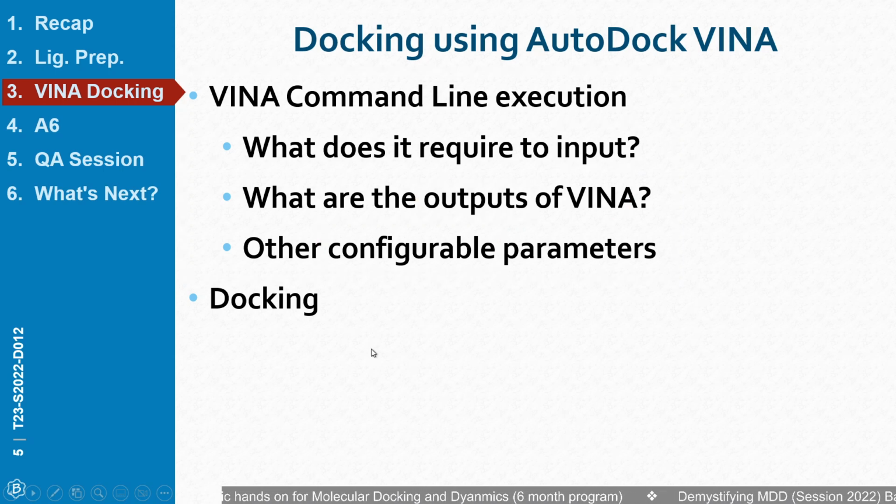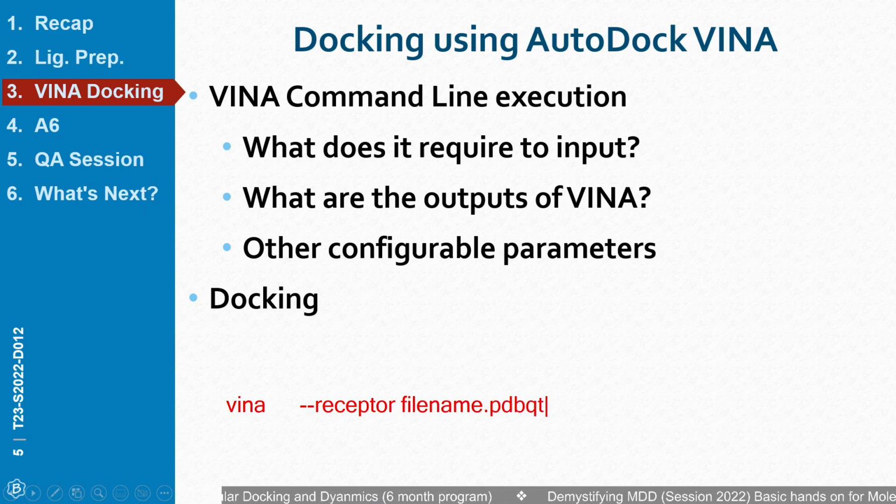During docking, the Vina executable will take the input receptor using the receptor keyword, and we will input our receptor.pdbqt, or file name.pdbqt, and the ligand as ligand followed by the ligand file name.pdbqt.